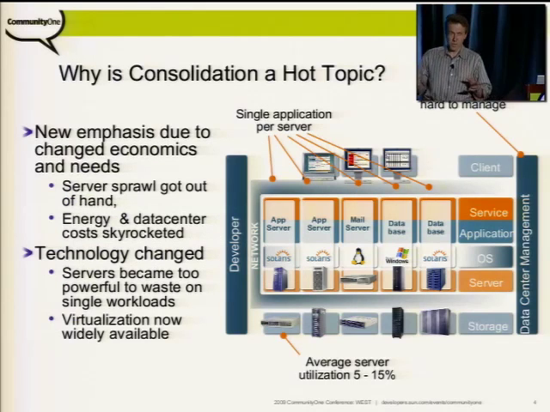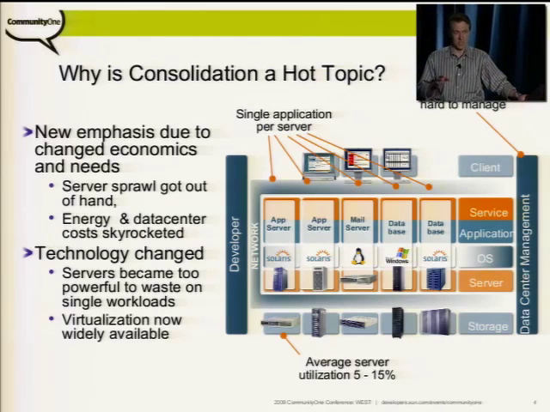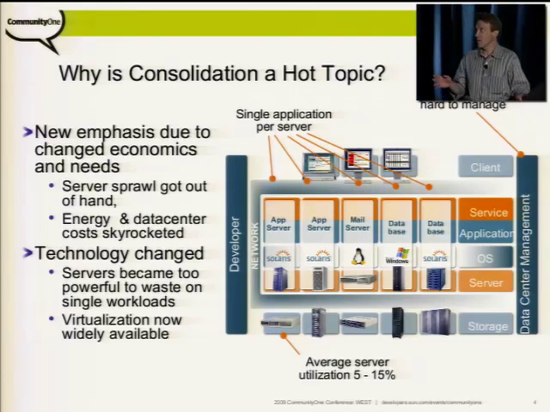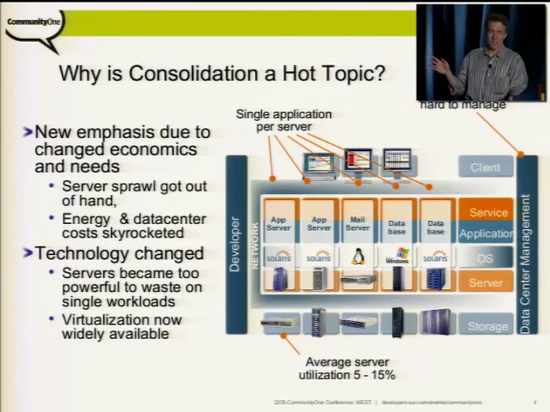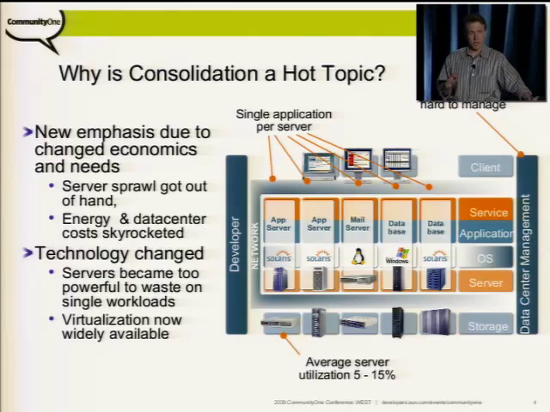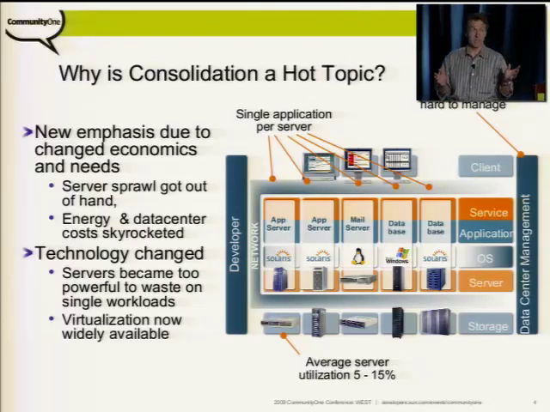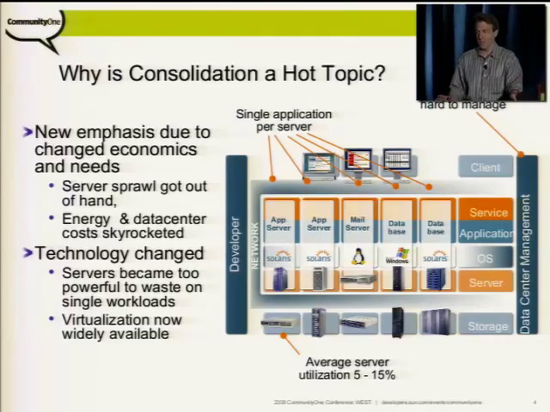People have been talking about virtualization and consolidation a lot lately. Why is this important? Over the past maybe 10 years, it's been common in enterprises to deploy each application stack onto its own standalone system. That was okay because those systems, x86 in particular, were very inexpensive.